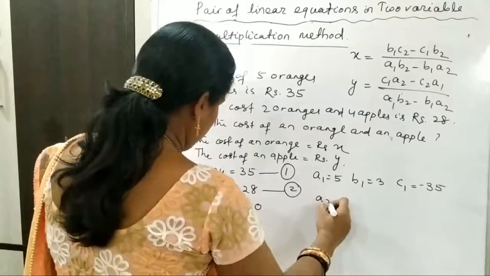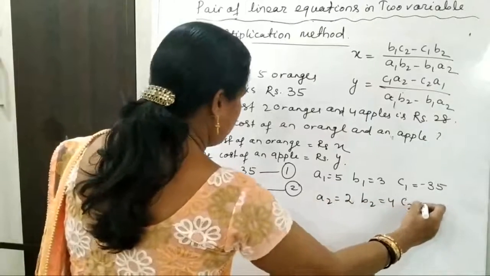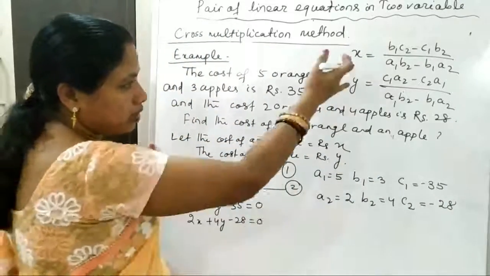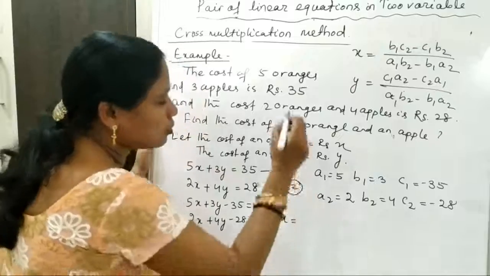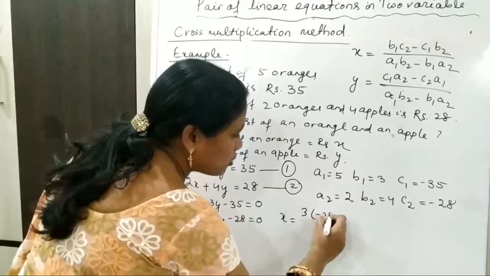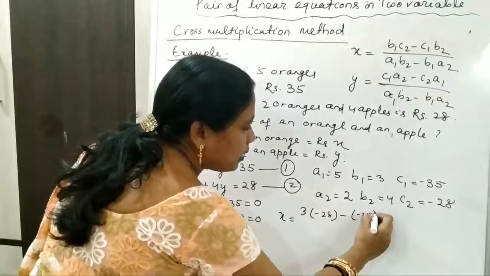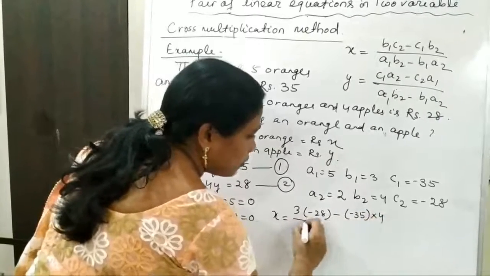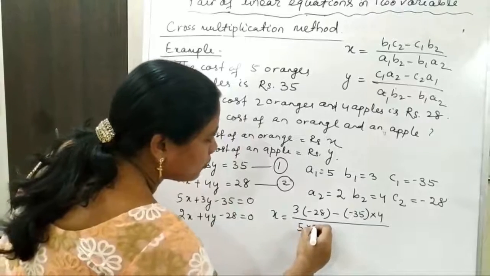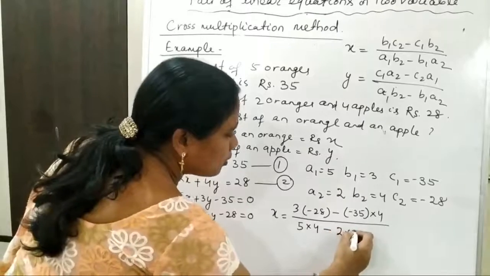So a2 is equal to 2, b2 is equal to 4 and c2 is equal to minus 28. Now we will put these values in the formula. x is equal to b1 c2, so 3 multiplied with minus 28, minus c1 b2, minus 35 multiplied with 4, by a1 b2, 5 multiplied with 4, minus a2 b1, 2 multiplied with 3.